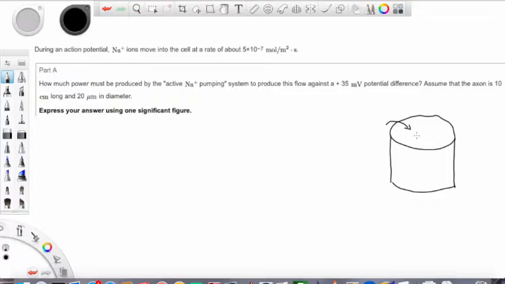And there's some pumping action that tries to push these positive sodium ions outside or out of this axon cell against this voltage difference, and that requires some effort. It requires some power, and we are supposed to calculate how much power is needed.